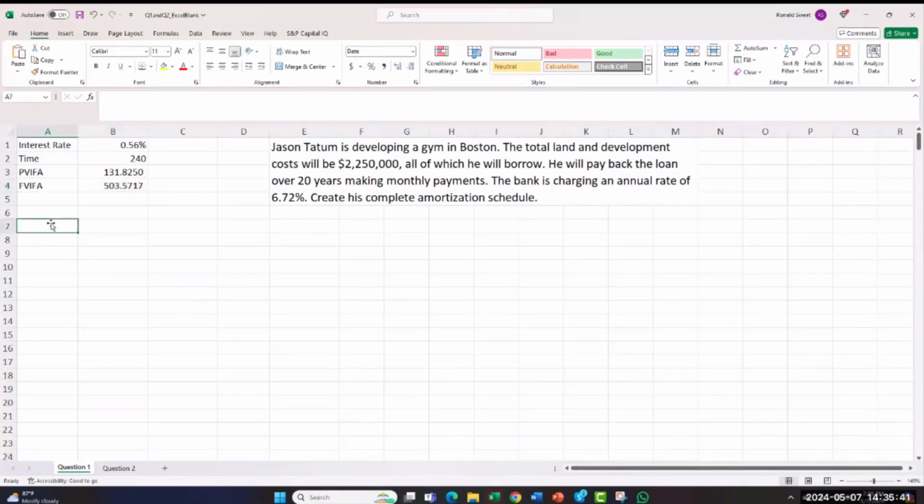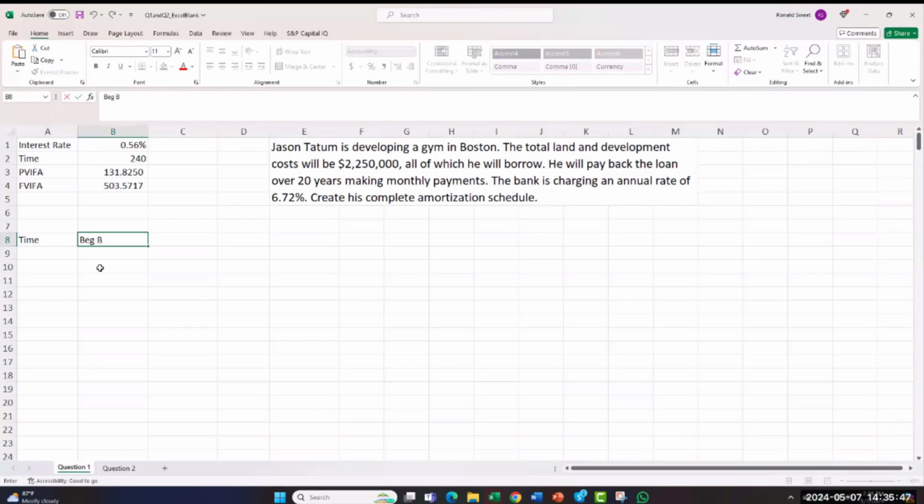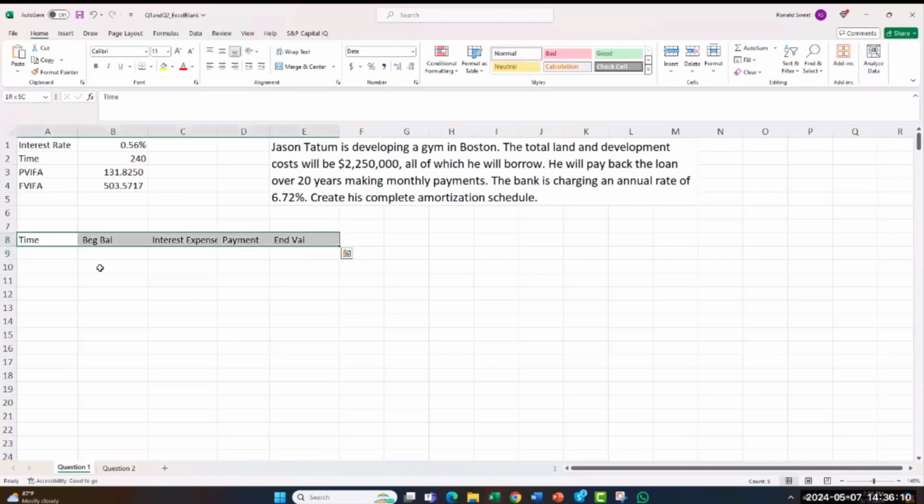All right, so remember the columns. You have 4 columns here. The first one is time. The second one is beginning balance. And you can use shortcuts like I am. You don't have to write everything out. You have the interest expense, you have your payment, and you have the ending value. So you'll have to type all of this in Excel on the problem, all right?